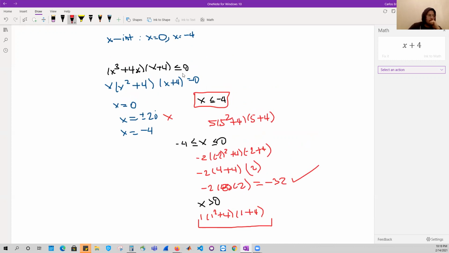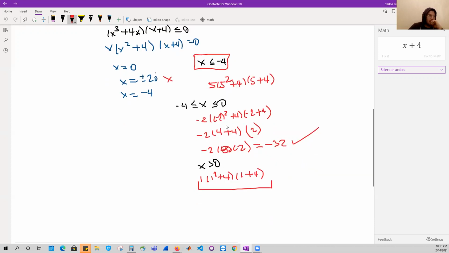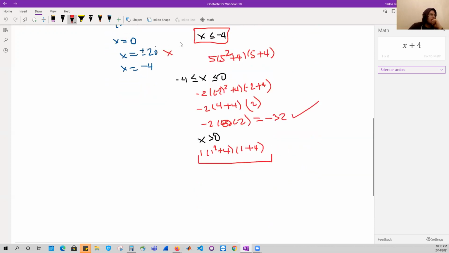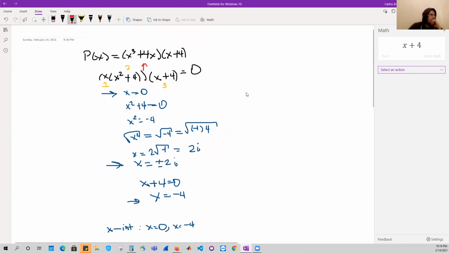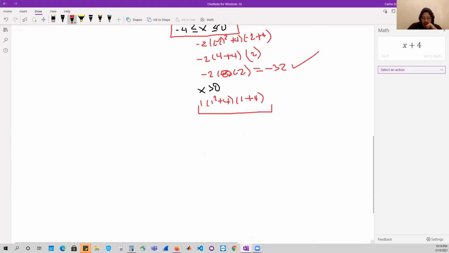So the solution, the interval, the range of solutions for our inequality must be in between x equals -4 inclusive and x equals 0 inclusive as well. Okay.